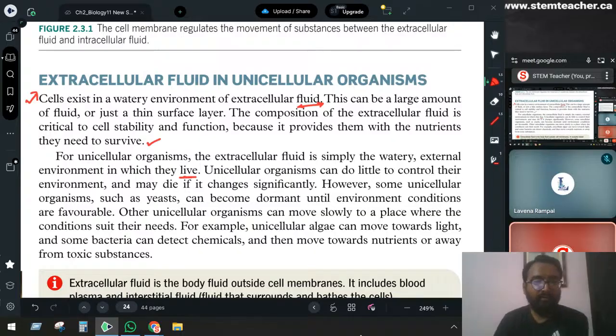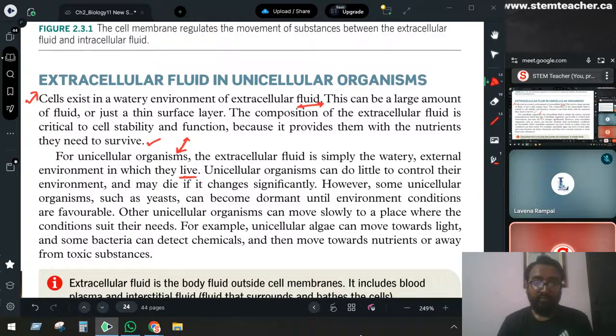This is the hierarchy of the cells. Unicellular means only single cellular. The extracellular fluid is simply the watery external environment in which they live.